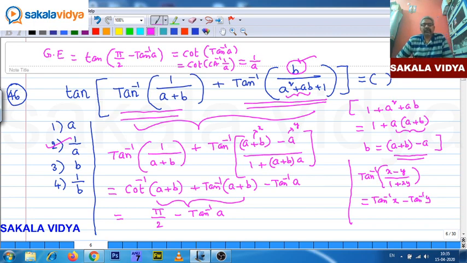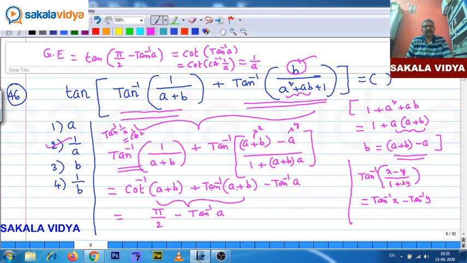How do we get cot? Yes, tan inverse of 1 by x is equal to cot inverse x. So, this tan inverse of 1 by a plus b, I have written as cot inverse of a plus b. Then this is tan inverse x minus tan inverse y, tan inverse of a plus b minus tan inverse of a.